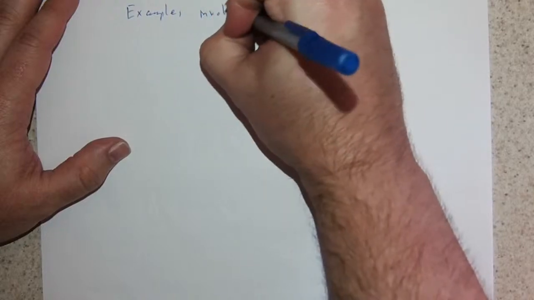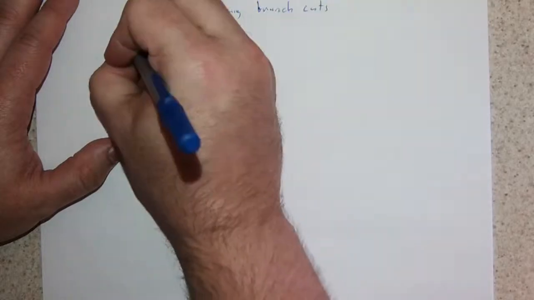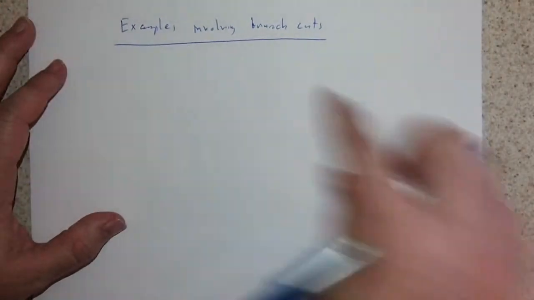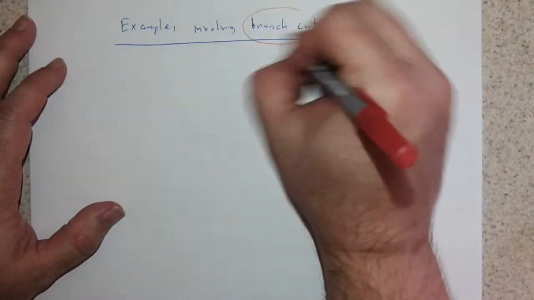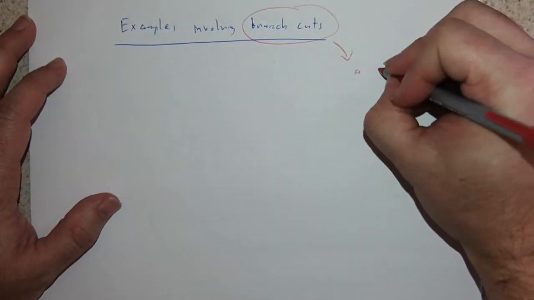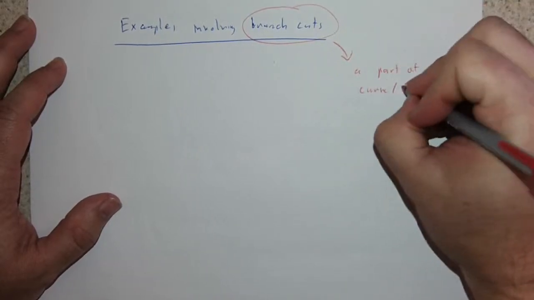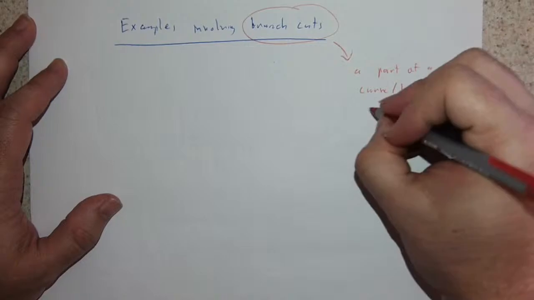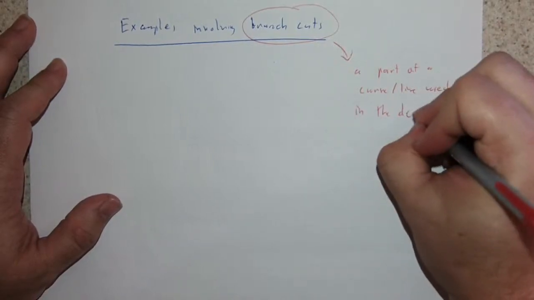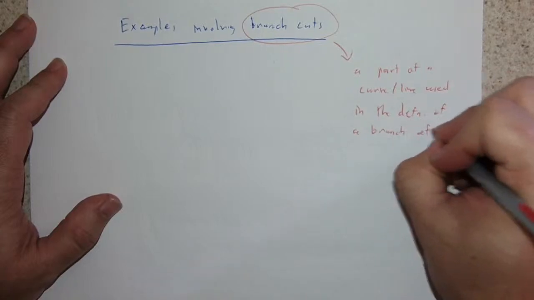The next batch of examples are examples involving branch cuts. So I defined branch cuts before. What is a branch cut? A branch cut is a part of a curve or line used in the definition of a branch of a multi-valued function.